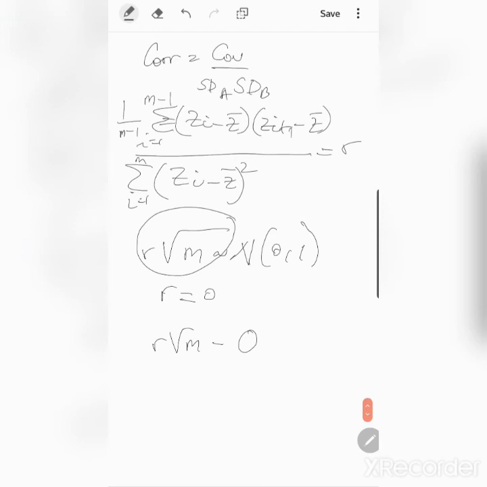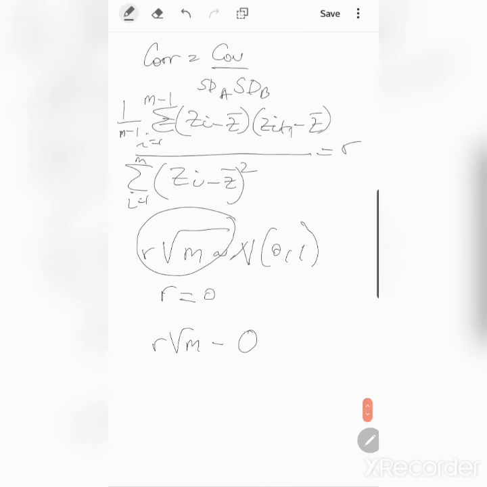So I can use the standard normal distribution corresponding to that. If R times the square root of M comes out less than minus 1.96 or greater than plus 1.96, I will reject the null hypothesis and say that there is a definite serial correlation in the data. Otherwise, I don't have sufficient evidence to reject the null hypothesis.